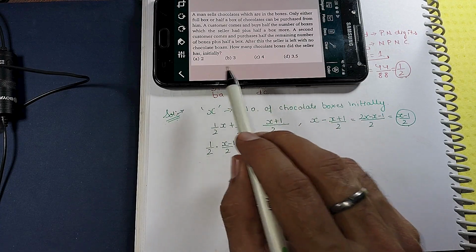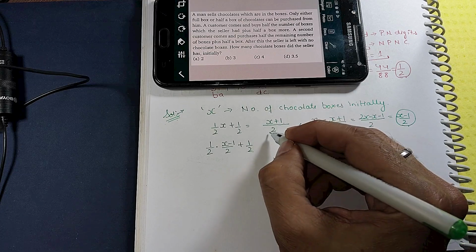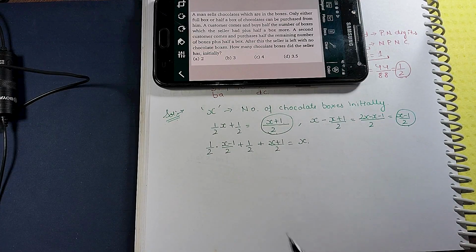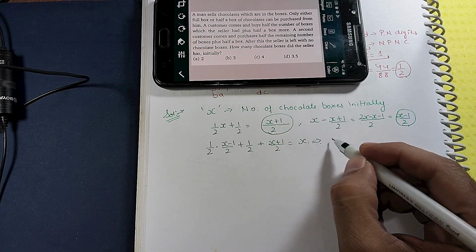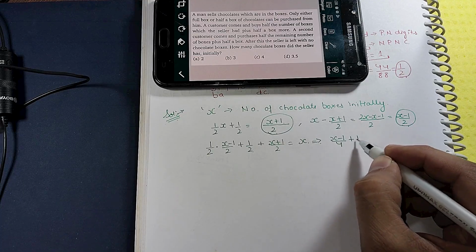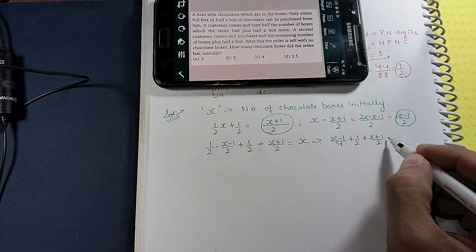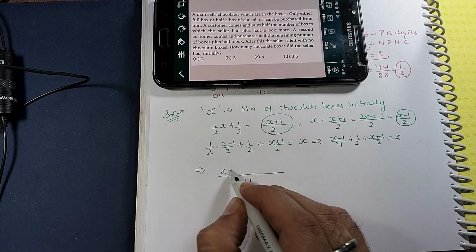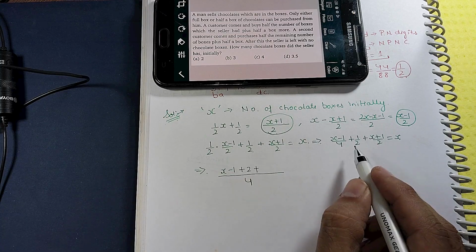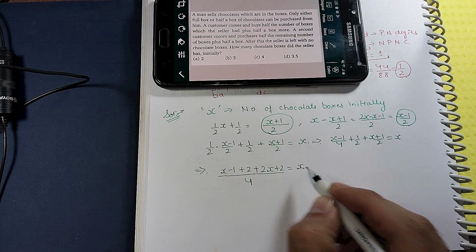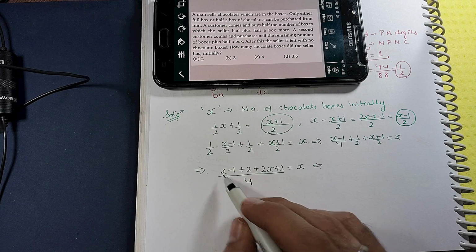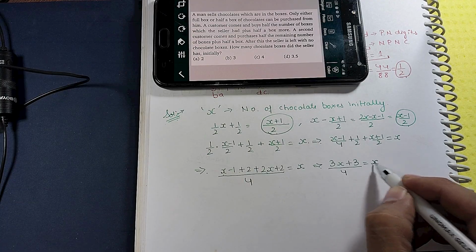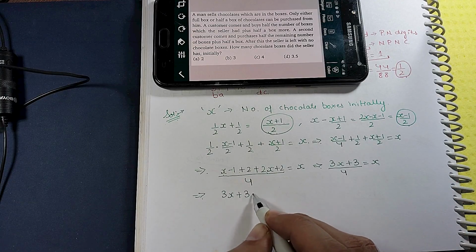After this, the seller is left with no chocolate boxes. So no chocolate left, that means initially it was X. So this plus (X plus 1) by 2 should be equal to X. Now taking LCM, this is equal to (X minus 1) by 4 plus 1 by 2 plus (X plus 1) by 2 equal to X. So this further implies, taking 4 LCM, X minus 1 plus 2 plus 2X plus 2, divided by 4, equal to X. This further implies 3X plus 3 divided by 4 is equal to X. Now this implies 3X plus 3 is equal to 4X.